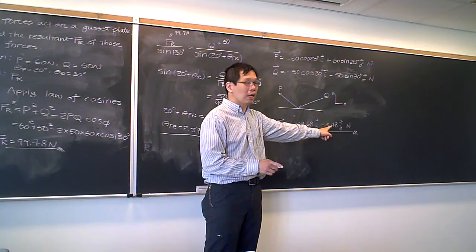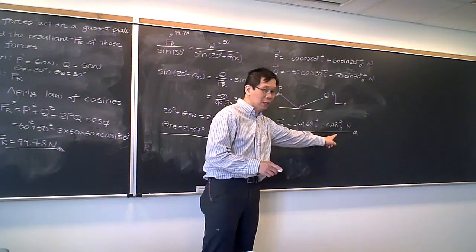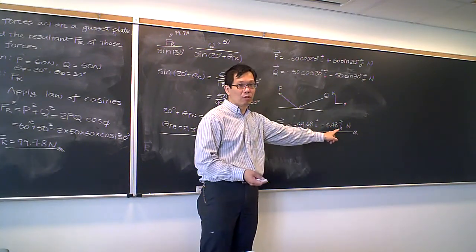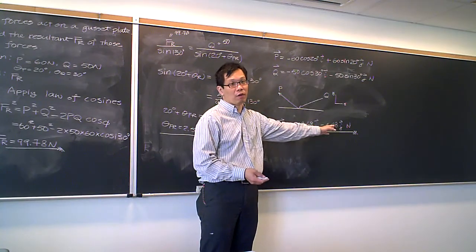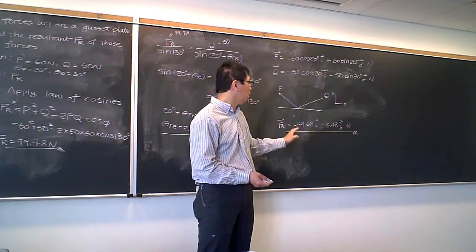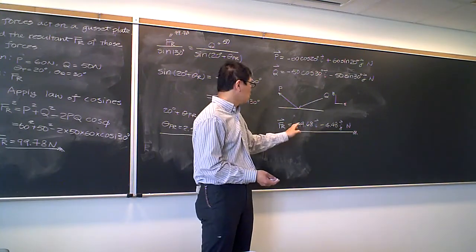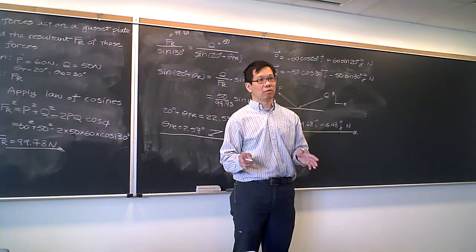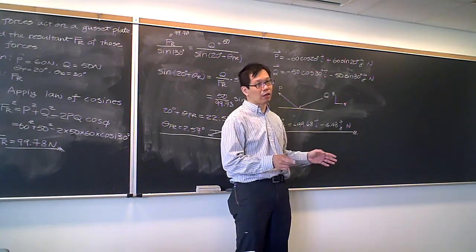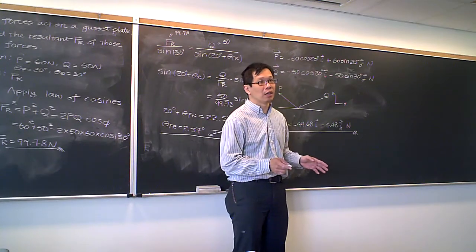So by using these magnitudes, we should be able to know the angle by using arctangent. If you are using vector representation, you just put all the numbers in I and J. That's enough. You don't need to convert everything back to angle unless I specify.